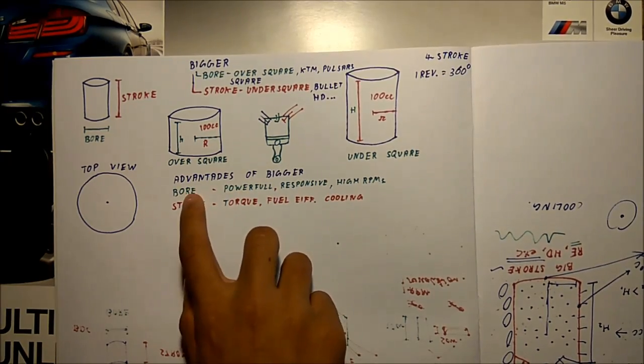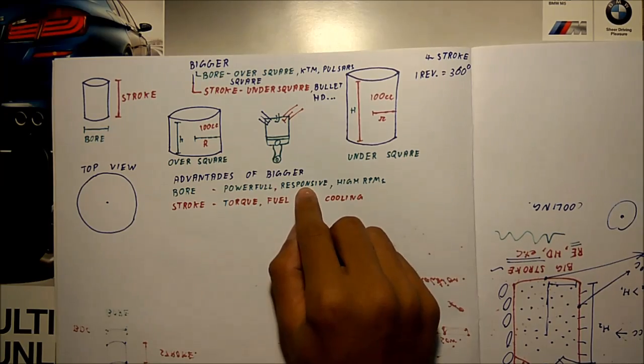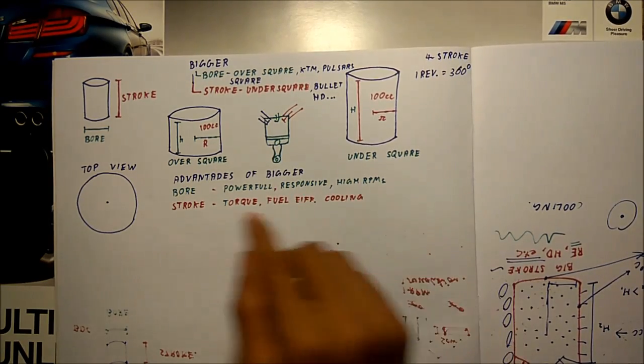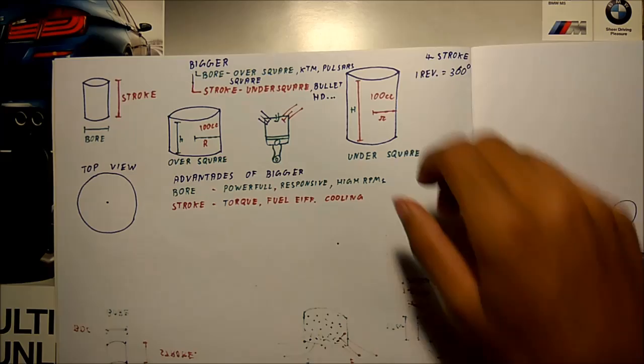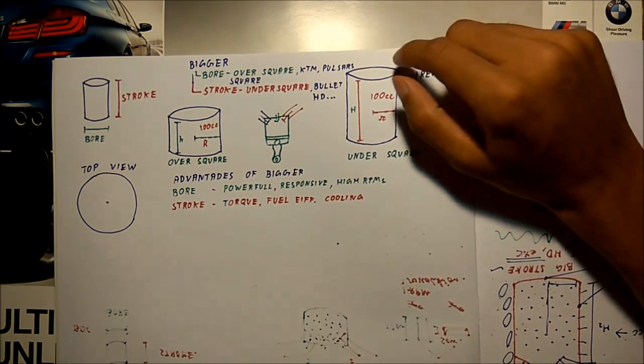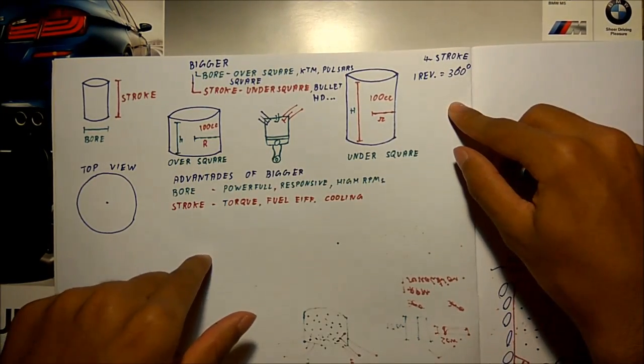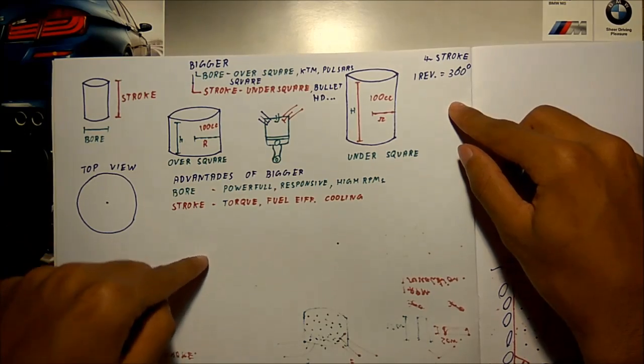Another thing that comes with bigger bores is responsiveness. You might have heard the sound of KTMs and all. As soon as you bring up the throttle, the engine RPM quickly rises, unlike Bullet 350 or 500.